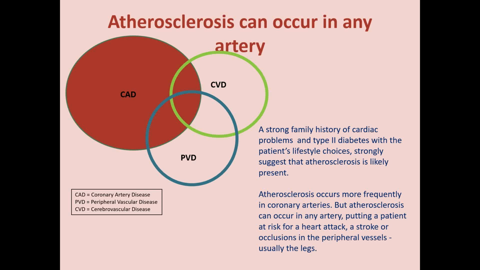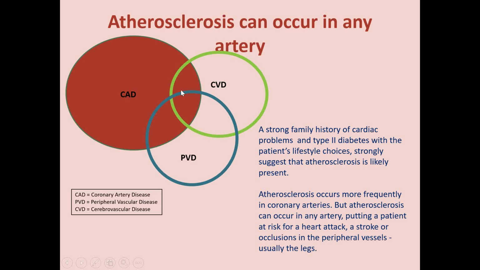So let's look at this slide. You can see that this individual, as we discussed, has a strong family history of type 2 diabetes and cardiac history, and on top of it, her lifestyle choices make her the poster child for coronary artery disease. When we talk about coronary artery disease, which is this big red circle, any individual who's at risk for coronary artery disease is truly at risk for cerebral vascular disease and peripheral vascular disease.